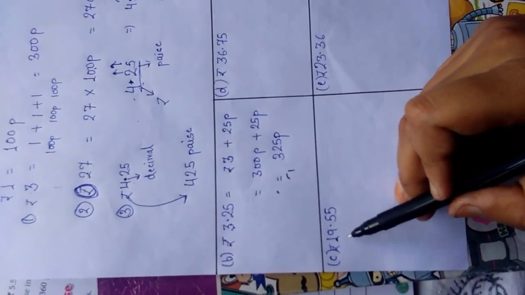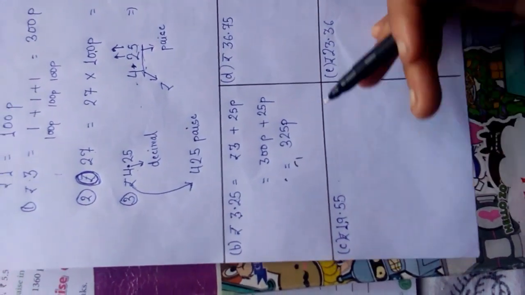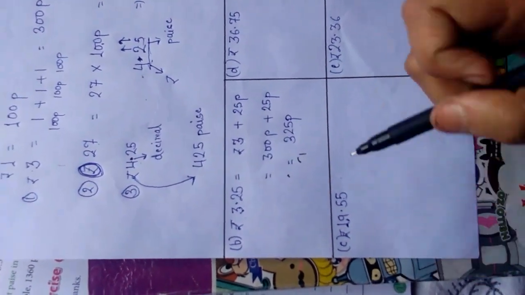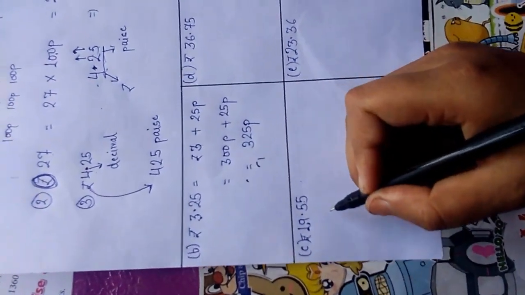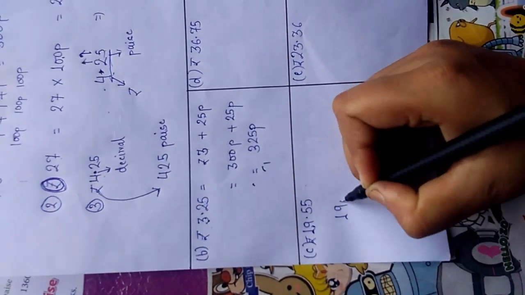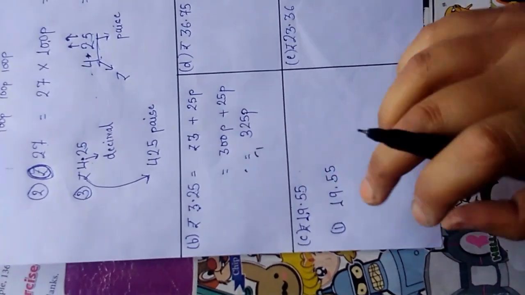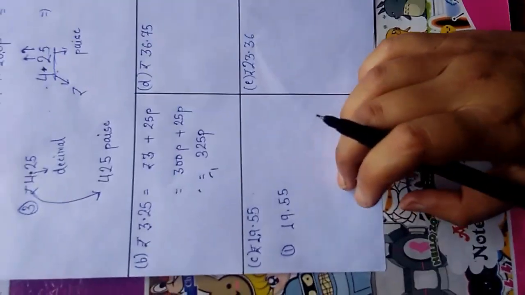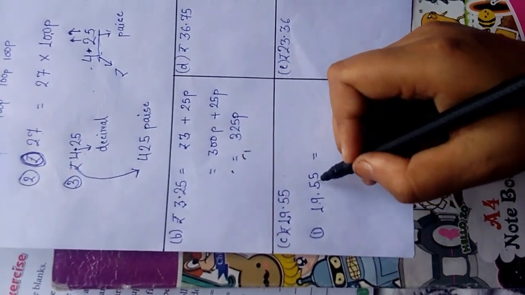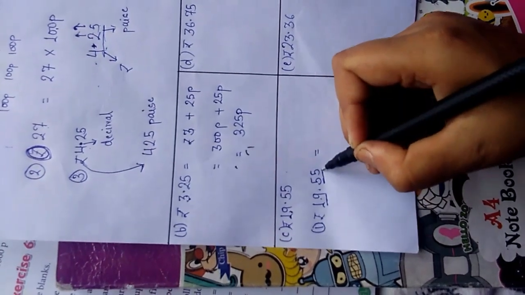There are two methods. You can separately multiply the number by 100, or you can solve by this method. Again, taking this example, 19.55, I am solving this question by both methods. The first method is to write this number separately, because this is in rupees and this is in paise.